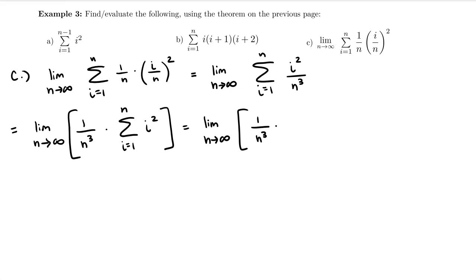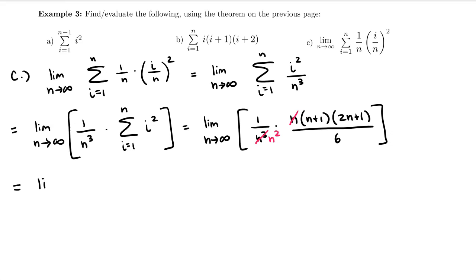So if I rewrite the summation of i squared, we know that that's equal to n times n plus 1 times 2n plus 1 all over 6. So let's do some simplification here. I have an n here, and I have n cubed in my denominator, so if I divide those, that's going to leave me with n squared.